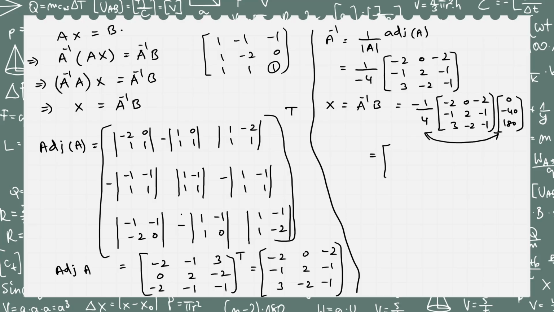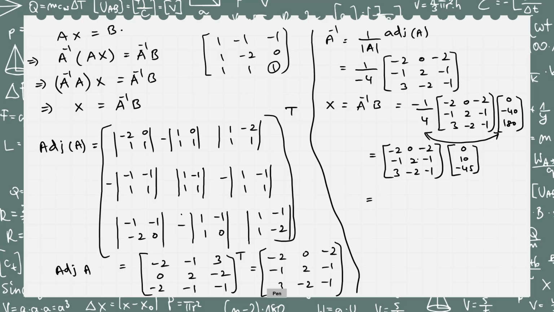So we keep this A inverse matrix as it is right now, into minus 1 by 4 into 0 is 0, minus 1 by 4 into minus 40 will be plus 40 by 4, which is 10, and minus 1 by 4 into 180 will be minus 180 by 4, which is minus 45.